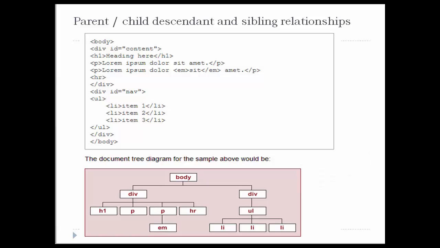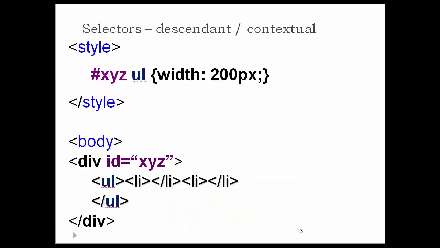Rather than using IDs and classes, we can relate to different elements based on their document relationship, which we will see later. So we have what are called descendant selectors. You might also hear the term contextual selectors, meaning that in this certain context, the style will be applied.